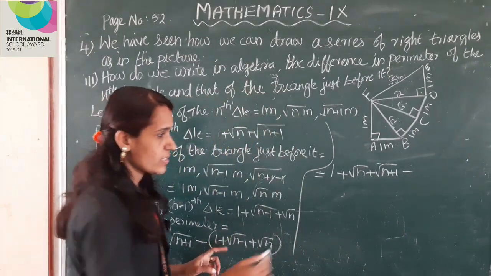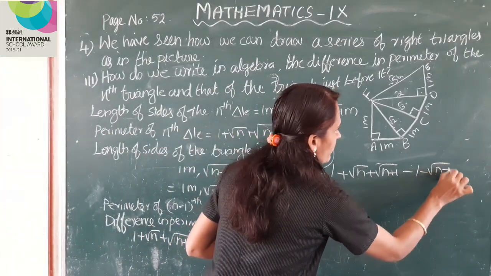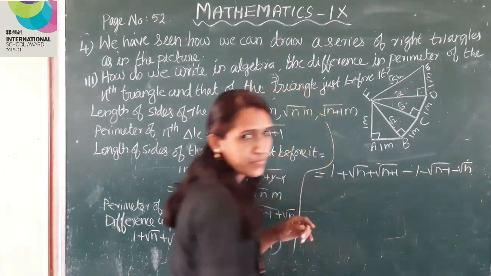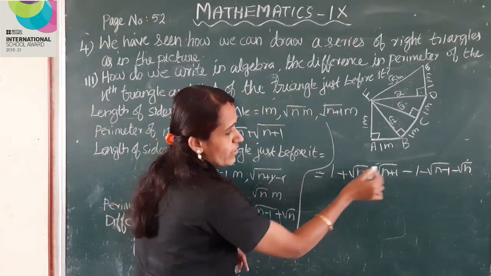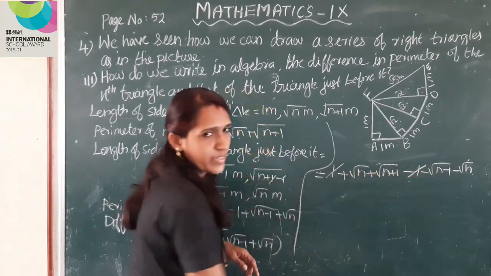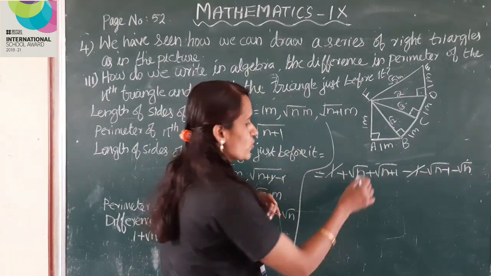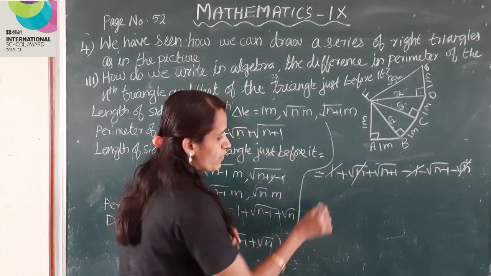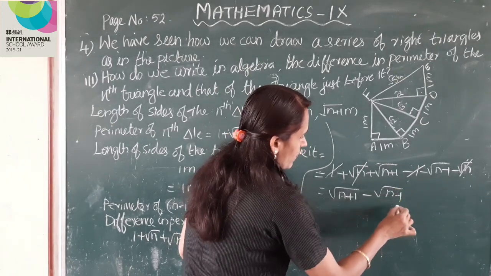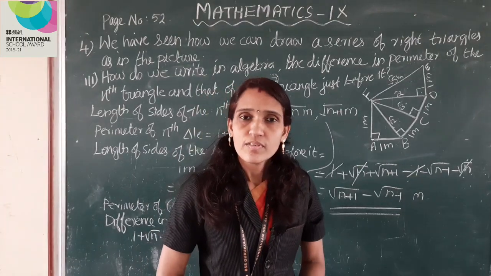Minus into plus: minus 1, minus root n minus 1, minus root n. 1 minus 1, these two terms sum is 0. Again root n minus root n, these two terms sum is 0. Remaining root n plus 1 minus root n minus 1 meter. Clear children?